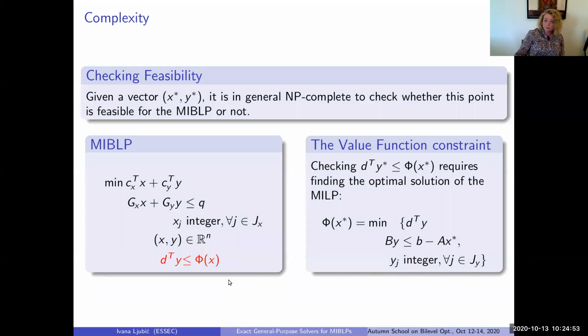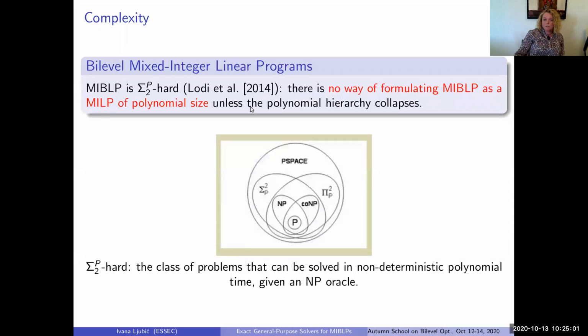Okay, so these are bad news. We cannot expect that the complexity of these problems will be better than this. And in 2014, Andrea Lodi and colleagues showed that solving MIBLPs is Sigma-2-P hard.